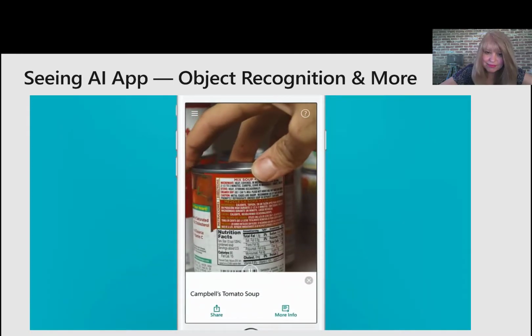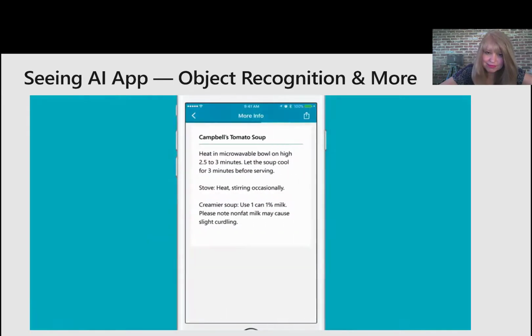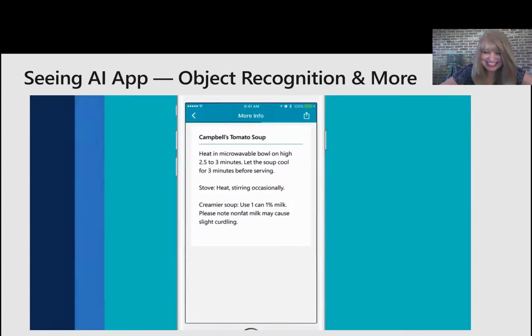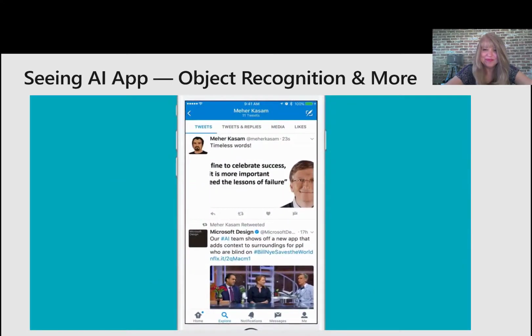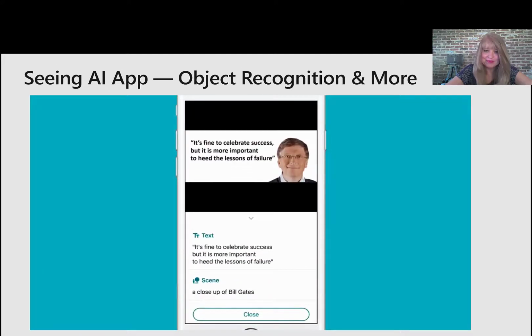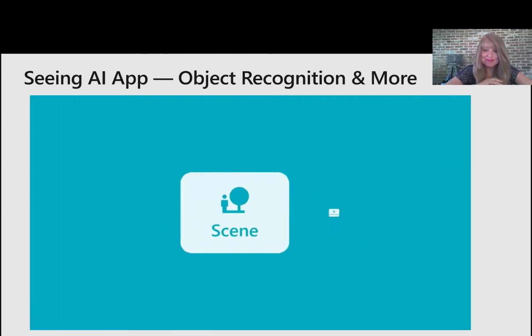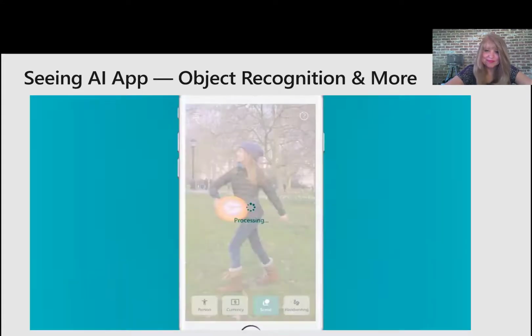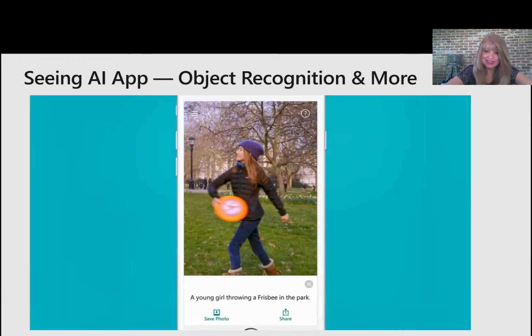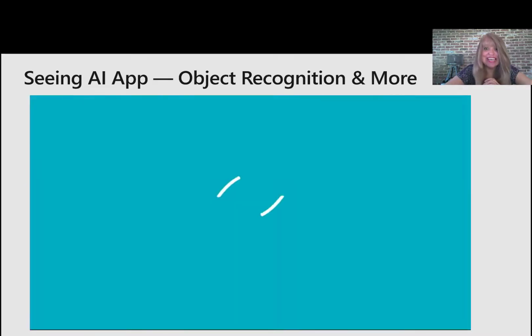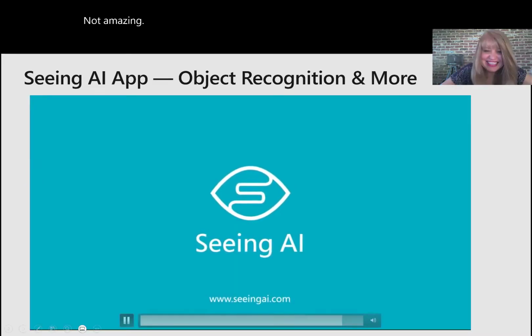Campbell's tomato soup. When available, hear additional product details. And even hear descriptions of images in other apps like Twitter by importing them into Seeing AI. A close-up of Bill Gates. Finally, explore our experimental features like scene descriptions to get a glimpse of the future. I think it's a young girl throwing a frisbee in the park. Isn't that amazing? Experience the world around you with the Seeing AI app from Microsoft.